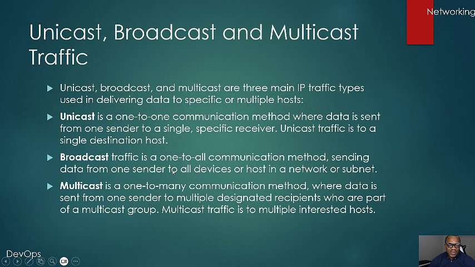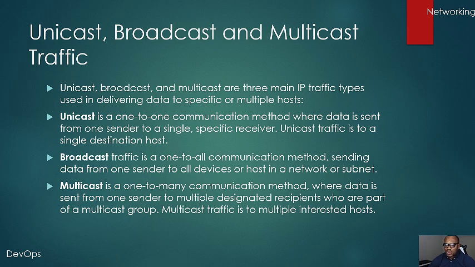An example of a broadcast traffic is Address Resolution Protocol, where a device needs to find the MAC address of another device on the network. I don't want this video to be too long, so I will not expand on that example.